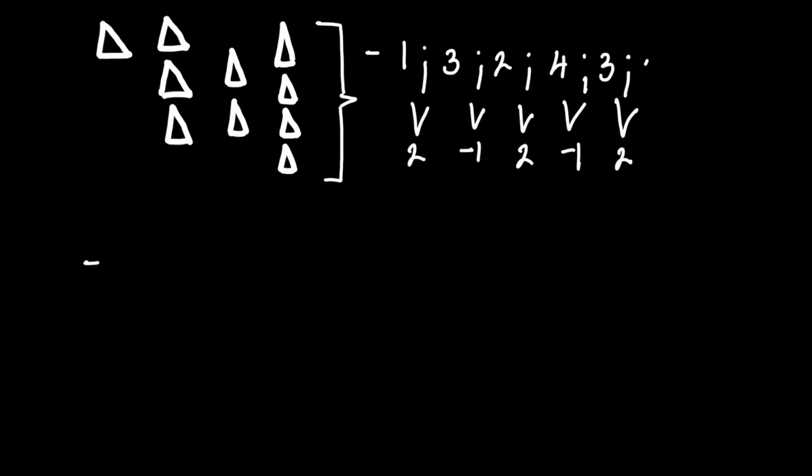That will give us a 5. Minus 1, that will give us a 4. Plus 2, that will give us a 6. And just continue at the bottom. Minus 1 will give me a 5.